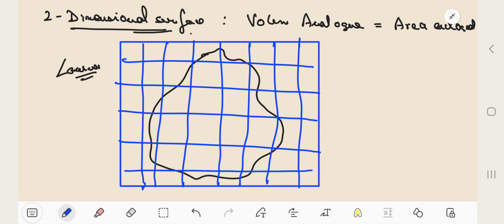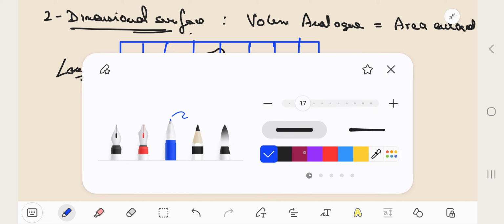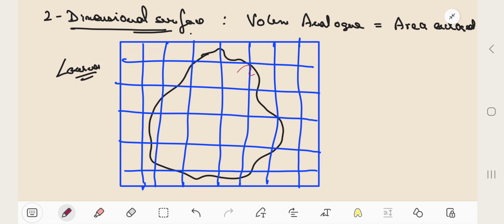Then you would verify how many of these grids are completely inside this lamina. So you will find this one, this one, this one, and so on. I guess this is also completely inside, and the ones which are not completely inside, you can just approximate to be half rectangles of some sort, and in this way you can approximate the area of this lamina.